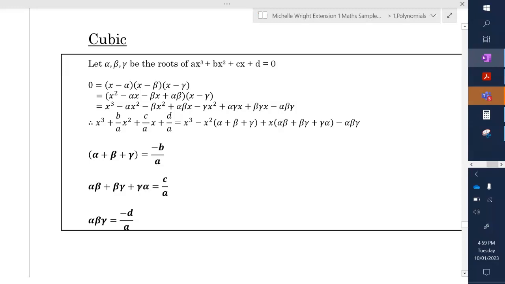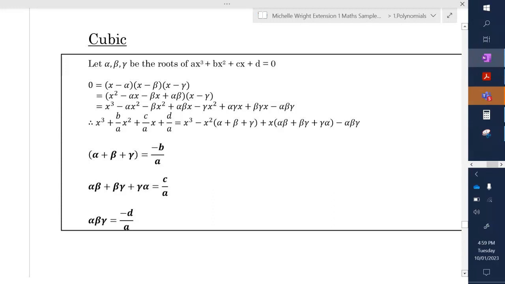But instead of having 2 roots with a cubic, we have 3 roots. So I've got alpha and beta, and this third one is called gamma. So just note those. And what we have is a slight variation on our rules. So we've got the sum of the roots, which before was alpha plus beta, but because we've got 3 roots here, the sum of the roots of a cubic is alpha plus beta plus gamma.